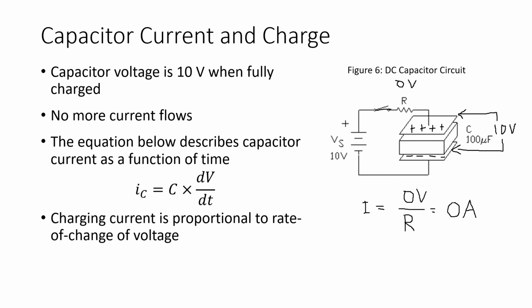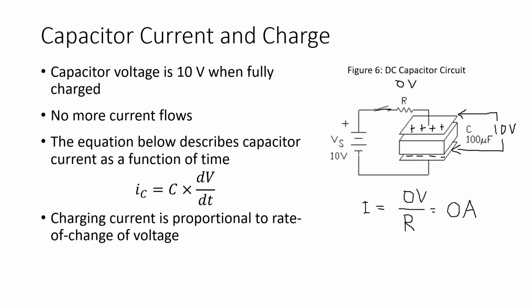Now you note that current i in this formula is denoted with a lowercase i, which means it is an instantaneous value, a value at a snapshot in time. And again, from our discussions on inductors, the d is used to denote the change in a quantity. So we have that the instantaneous current equals capacitance times the rate of change of voltage, the change in voltage over a change in time.